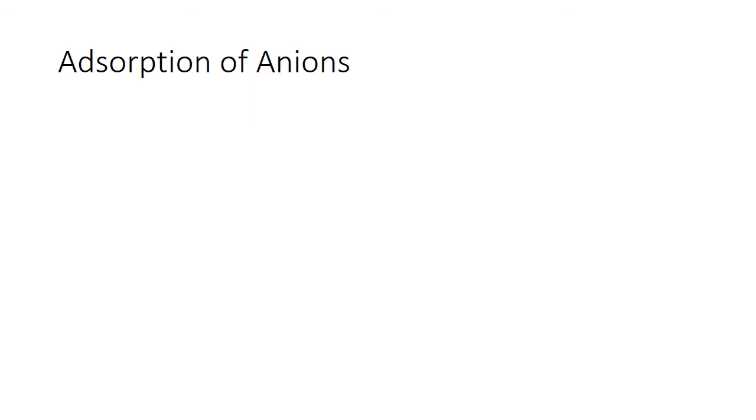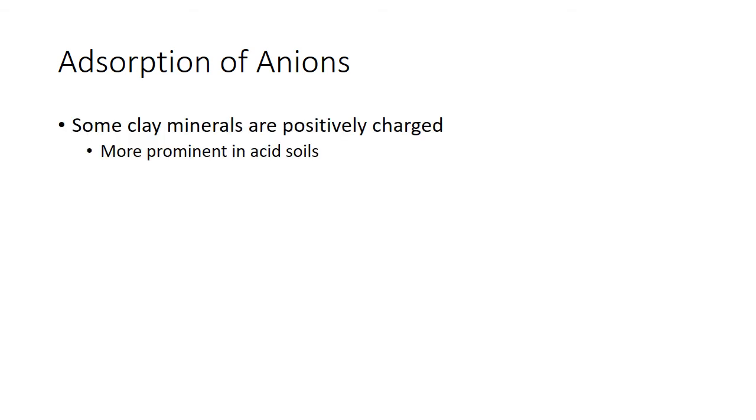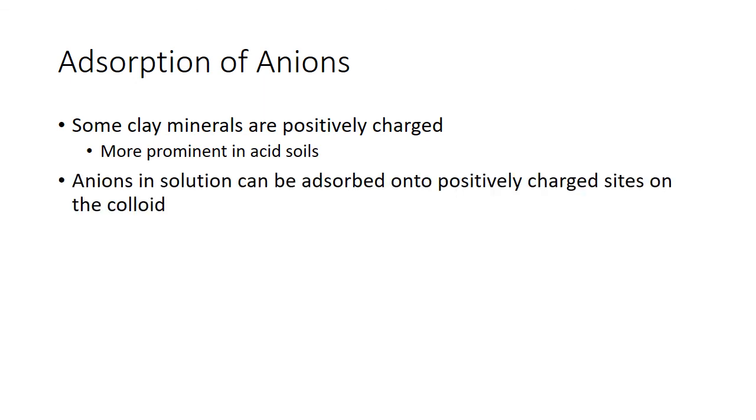Now there's cation exchange, but there's also anion exchange. So I said most exchange sites on these colloids are negatively charged, but there are exceptions to that. So in some cases there are positive charges, and those positive charges allow for the absorption of anions. So this is more prominent in acidic soils, so less so in neutral to alkaline soils.